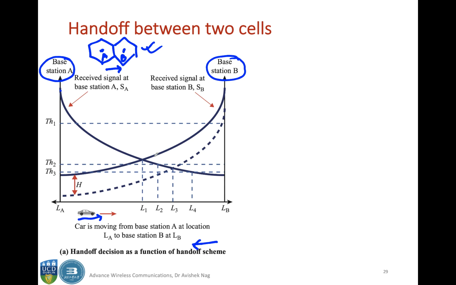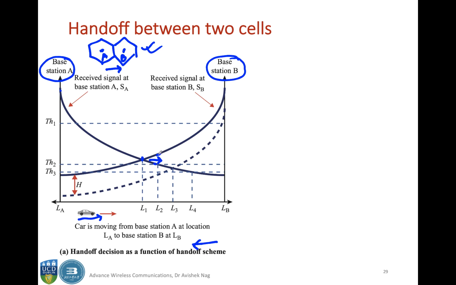Now let's say you are moving in this car from base station A to base station B. The first strategy that you saw in the previous slide was called relative signal strength. That means when your relative signal strength compared to base station A falls below the relative signal strength to B, your handoff is initiated, and that point is this point. Here the two curves cross, and when you move further away from this point, the relative signal strength due to A is lower than B.